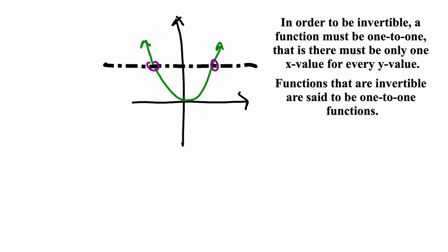Some key elements here are the whole one-to-one thing, and indeed the horizontal line test. This is the key way you can figure out if something's invertible right off.